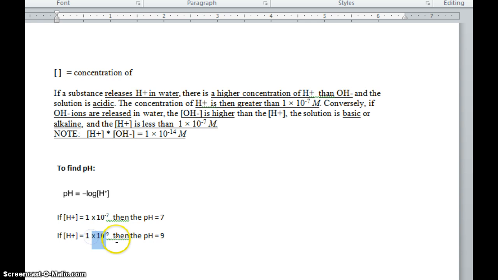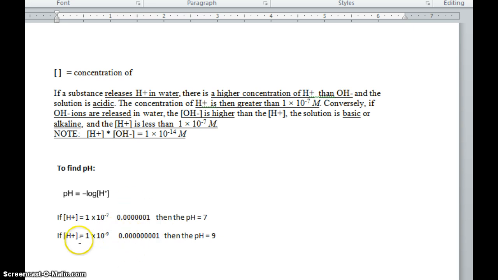But my hydrogen ion concentration, if I write it out as a decimal, it's a little bit easier to see. Because it's a 1 with 8 zeros in front of it, versus if I wrote out 1 times 10 to the negative 7th, you can see that it is a smaller number here if I line up my decimals.